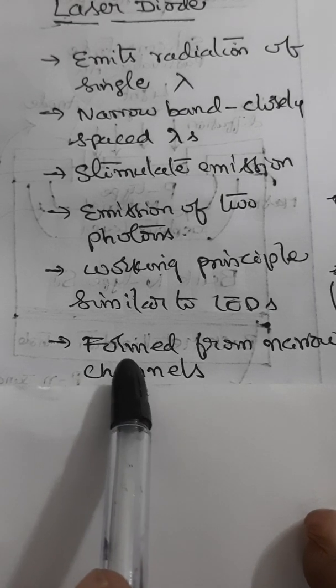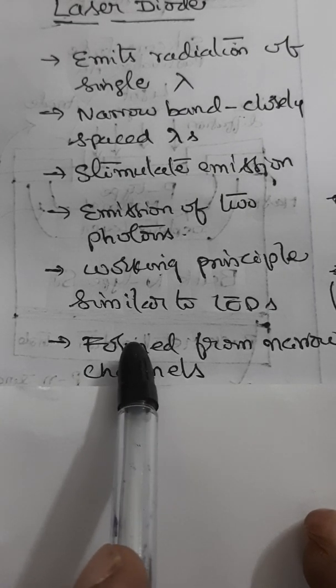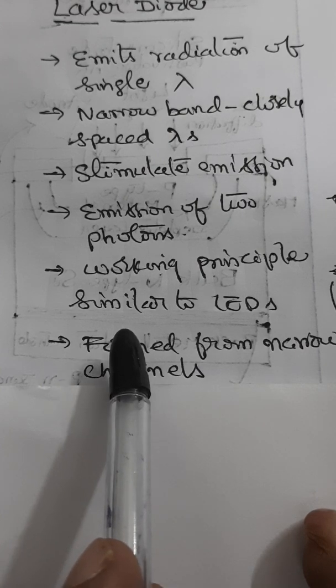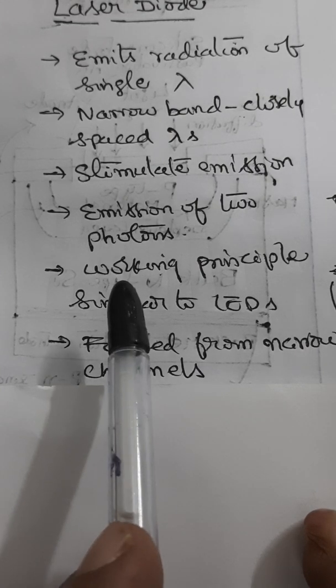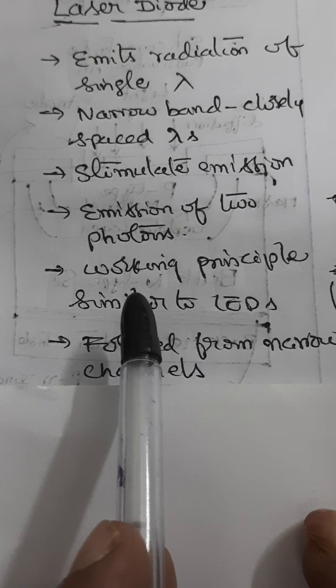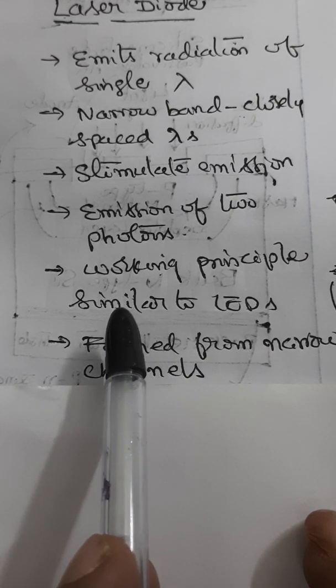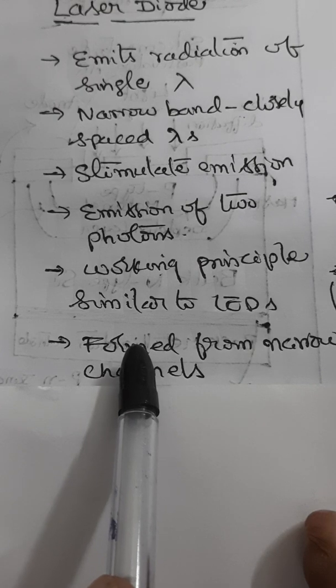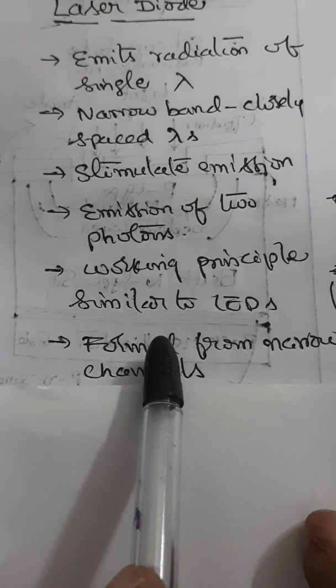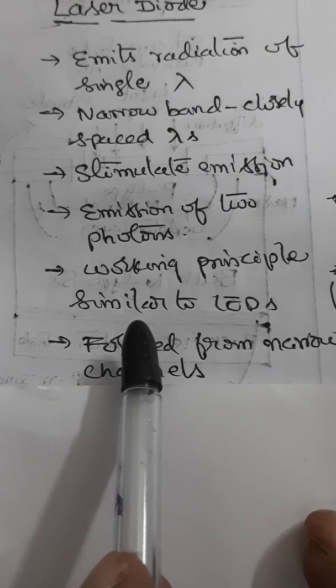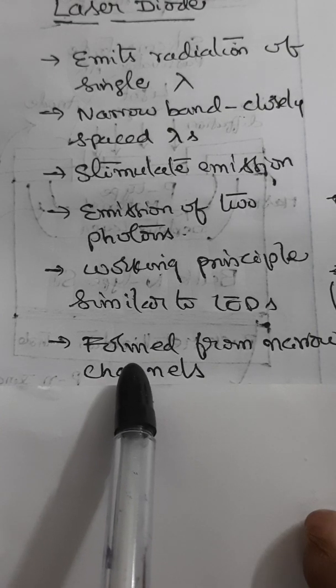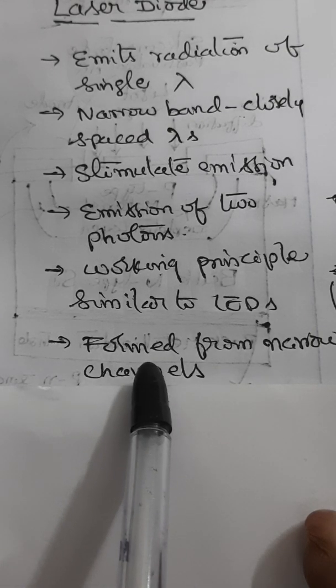Of course, LEDs also work on the same principle, but the major difference between LED and laser diode is the internal architecture of both of them. A laser diode is formed from narrow channels and it acts as a waveguide for the light. But LEDs are made up of wide channels.